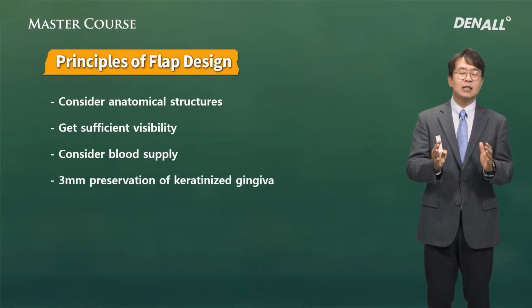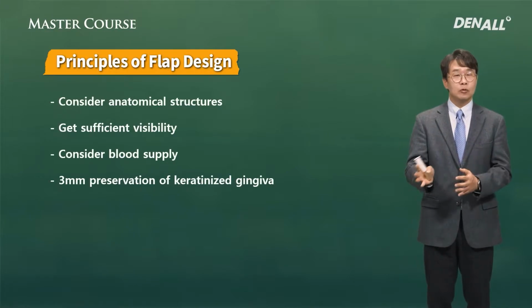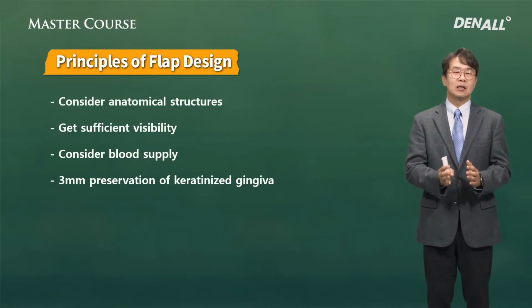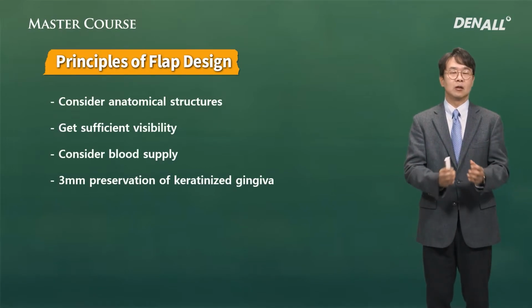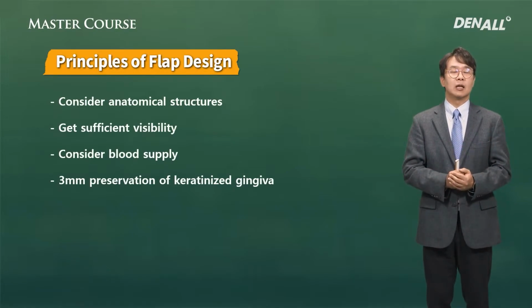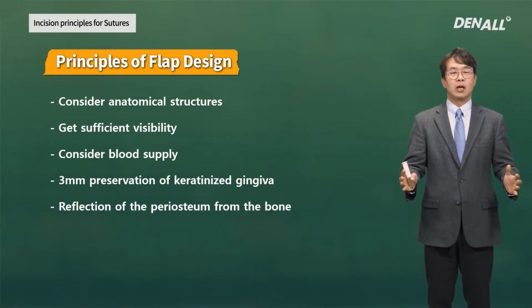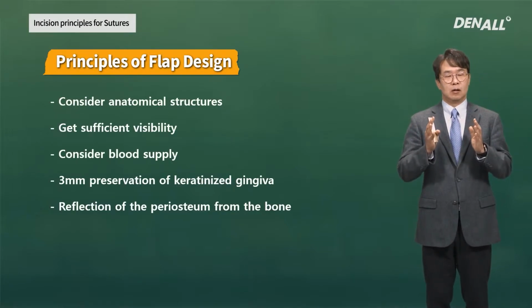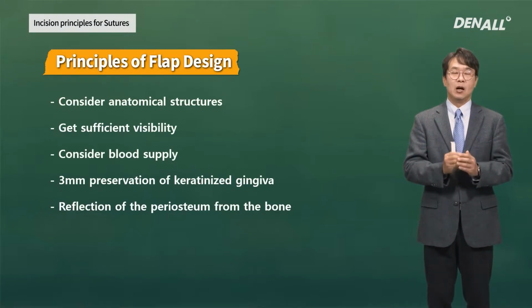Preservation of keratinized gingiva is important, but in some areas there is no keratinized tissue, then we can do some additional surgery to preserve the keratinized tissue, and that will be discussed on a later opportunity. When you design an incision, you have to include the periosteum.